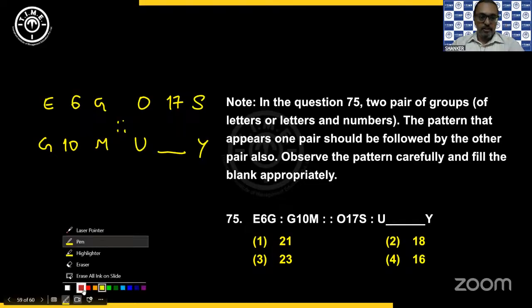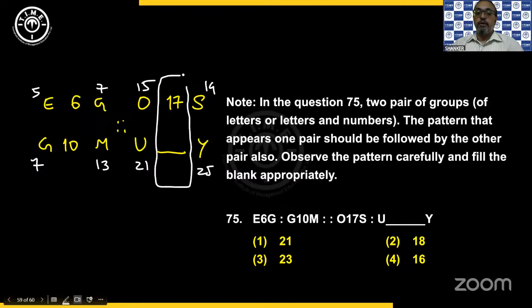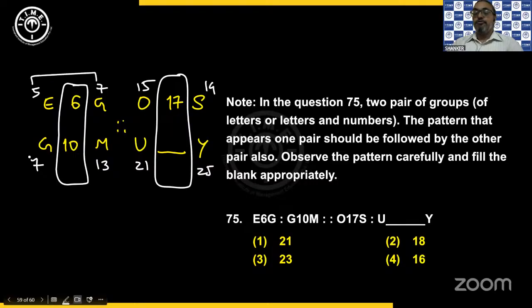Okay. So let's see what is the logic here. So E is a 5, G is a 7, G is a 7, M is a 13, O is 15, U is 21, S is 19, Y is 25. Now you don't need to identify the logic for the alphabets because the alphabets are already there. I only want the number. So we just have to check how the number is. Now, when you look at the place values, 5 and 7, you add them, you are getting 12. So you are doing 12 by 2. Same way, 7 and 13, you are getting 20.